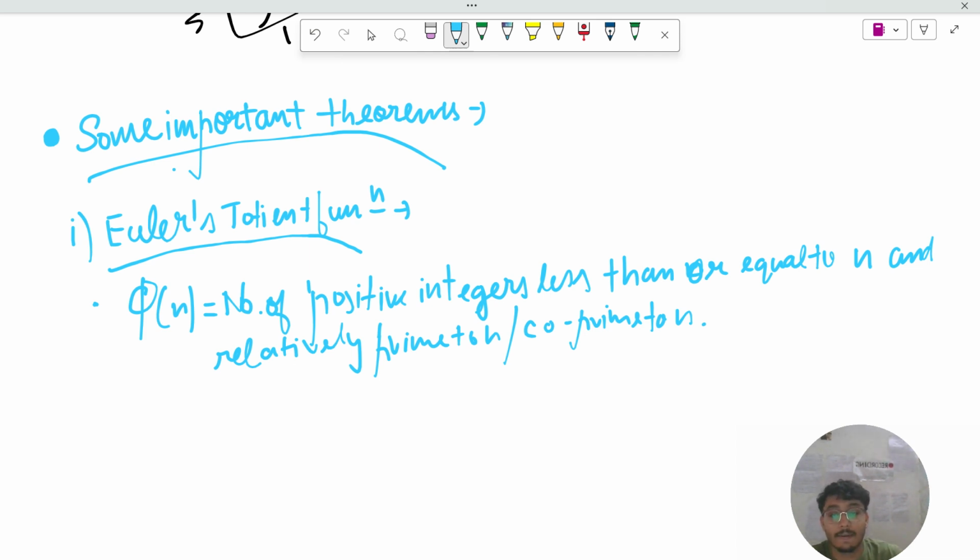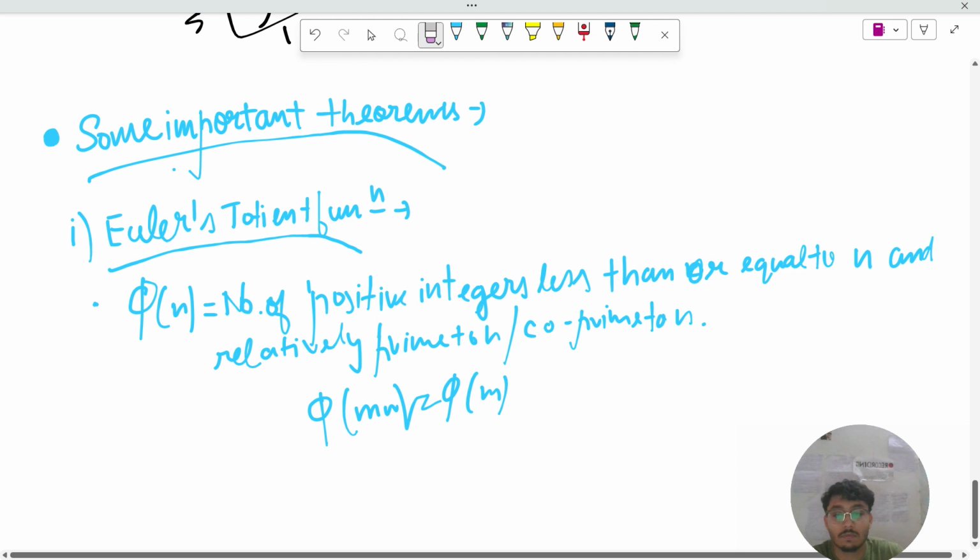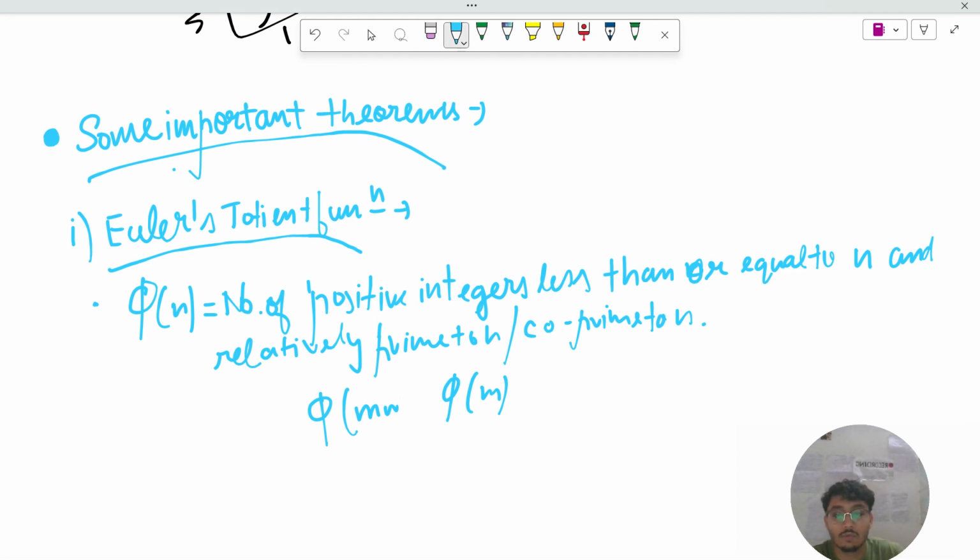It is a multiplicative function, hence very easily phi of mn is equal to phi of m into phi of n. This is an important result.